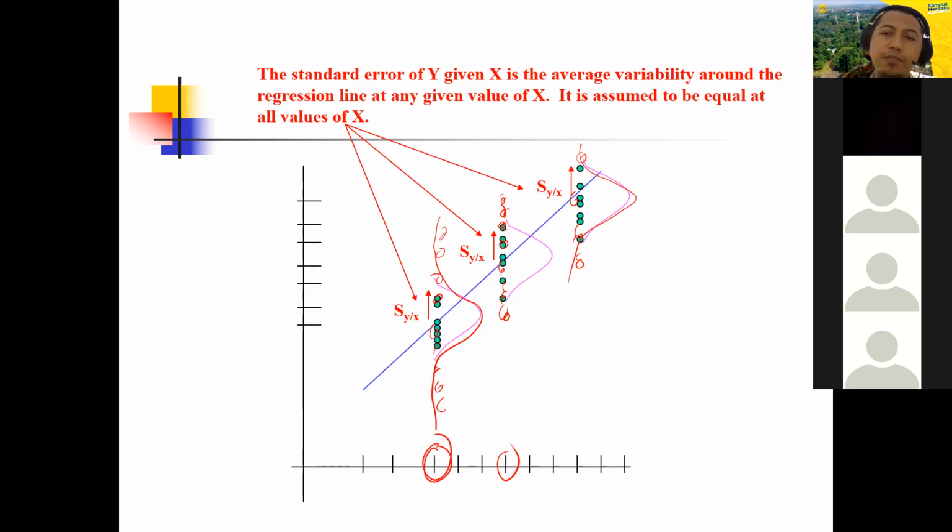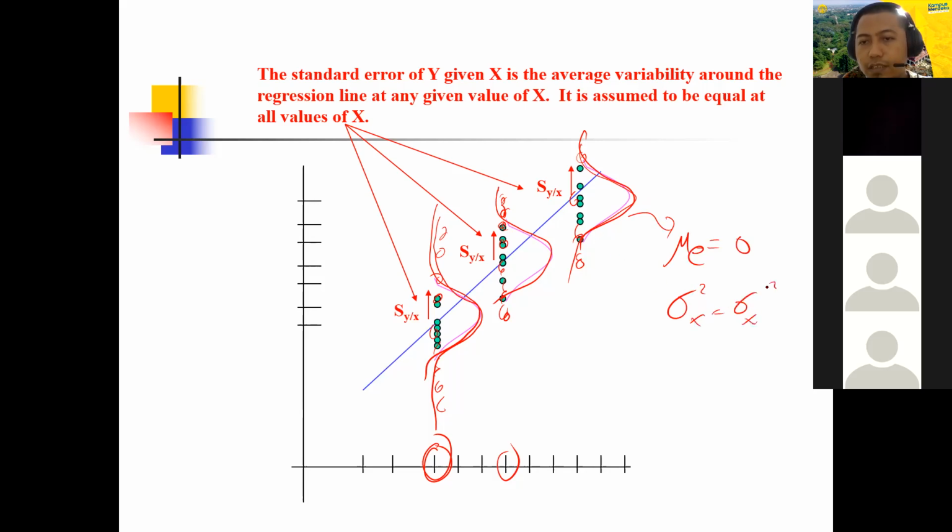But in our assumption, this distribution is equal, in terms of the mean of the error being 0 and the standard deviation of y given x being equal. It means that the standard deviation here is equal.